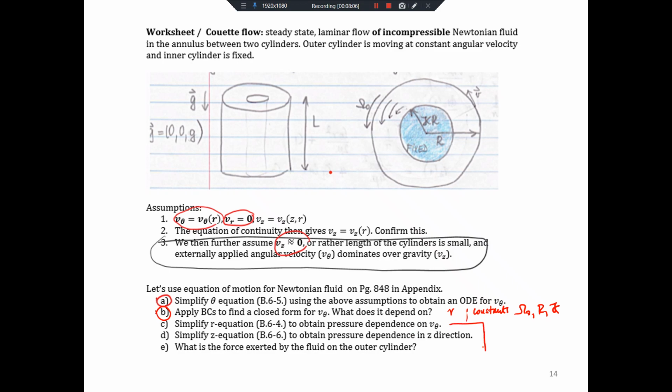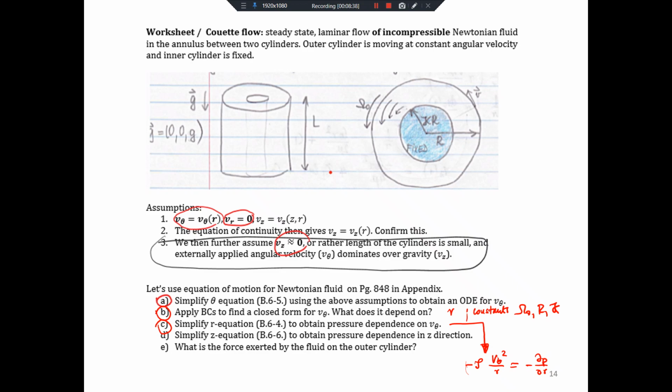When simplifying the R equation, you should get that minus rho V theta squared over R is equal to minus dp/dr, and this is a function of R. I could integrate this too, but I'm not going to calculate that right now. That's my pressure response in the R direction.